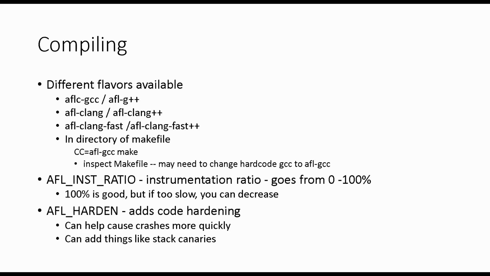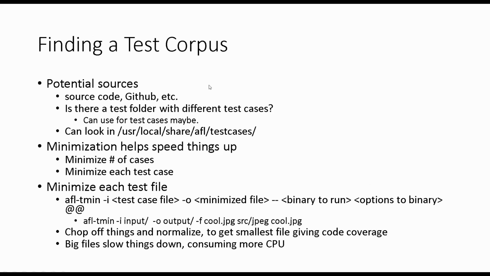But in the actual binary, there's plenty of memory, and it would never crash. So that's an irrelevant, useless crash. In the same context, AFL hardened potentially could cause some other crashes that may not be too terribly realistic. On the other hand, it could allow us to find some more quickly that might not otherwise be found, or that might be found much more slowly.